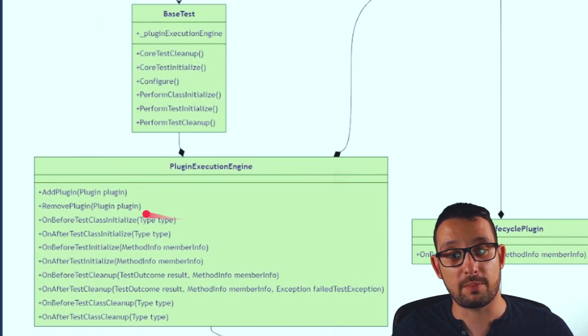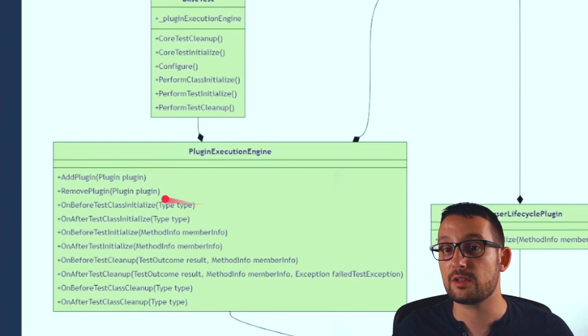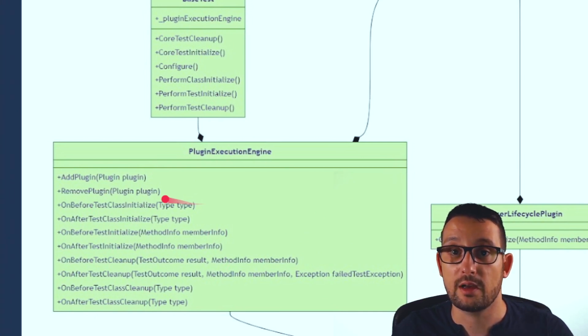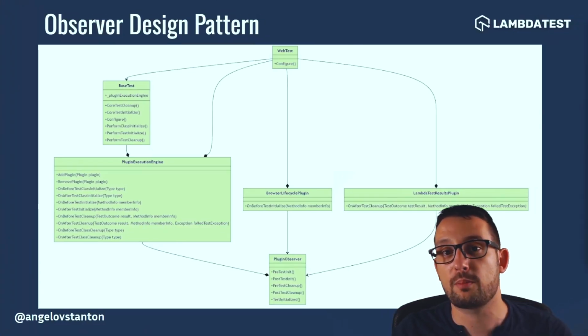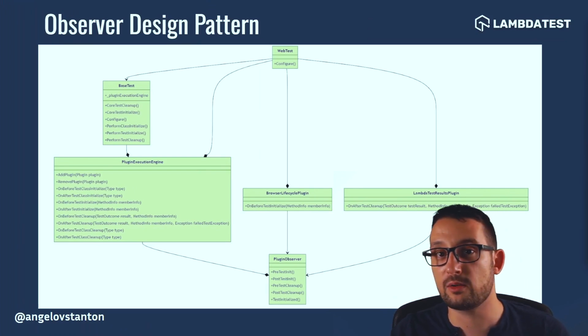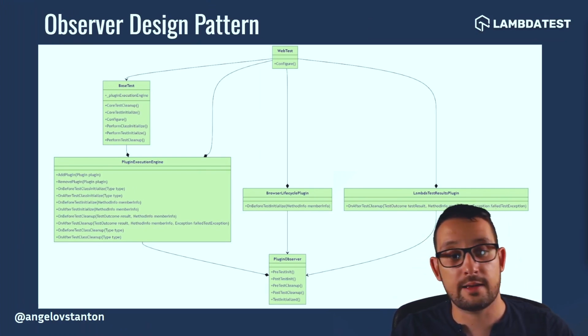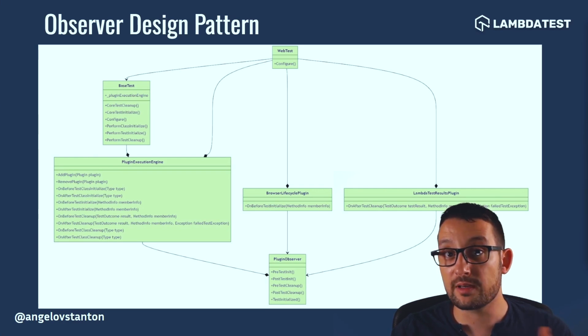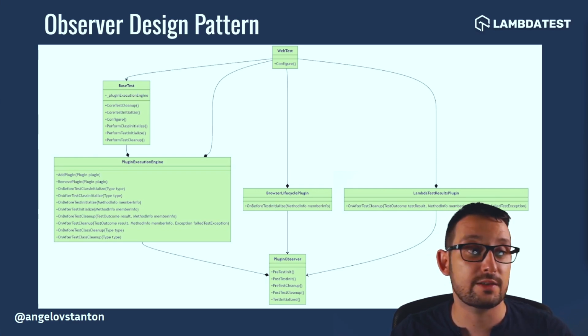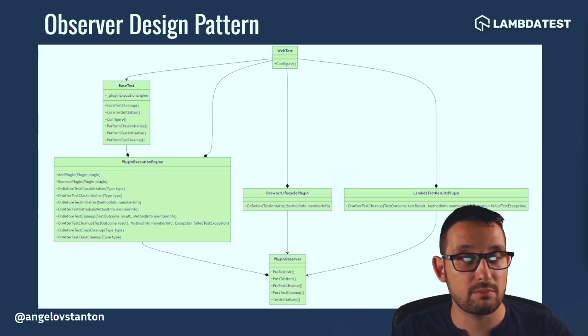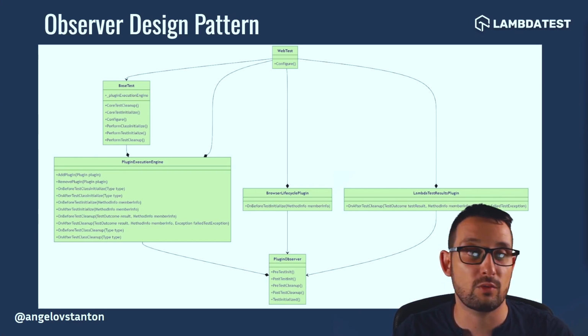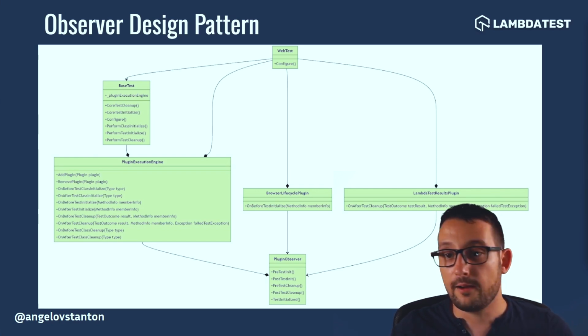In the original pattern, this plugin execution engine is called the execution subject. Again, to ease our job and simplify it a little bit, I will use just base classes for that. I'm going to use the terms plugin and plugin execution engine because you can easily understand what they are going to do.